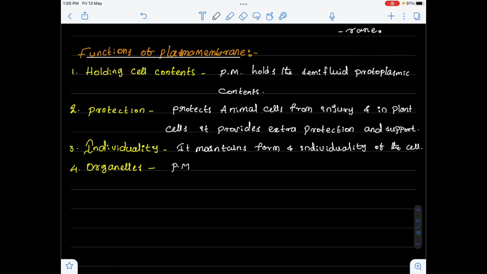The plasma membrane delimits a number of subcellular structures. Subcellular structures means the tiny living structures present inside the cell.